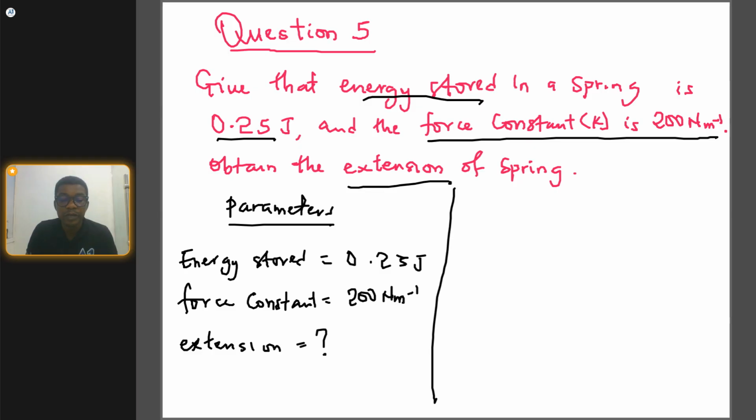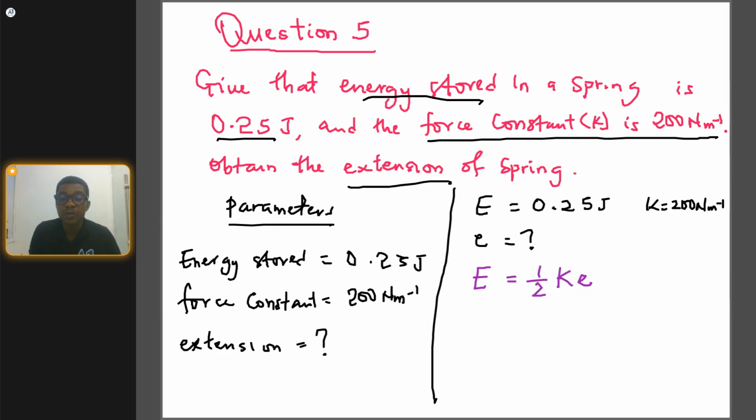which is the unknown value. So E is equal to 0.25, which is the energy stored, K is equal to 200 Newton per meter, and e is unknown, which is the extension. We're going to get that by making letter e the subject of the formula. So I have E equals 1 over 2 ke squared.